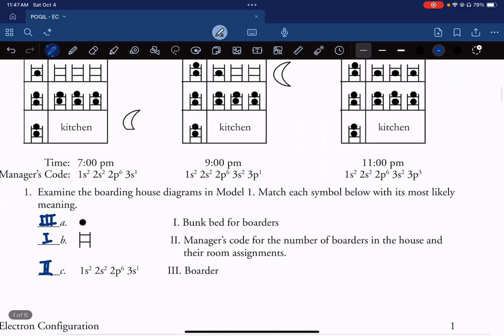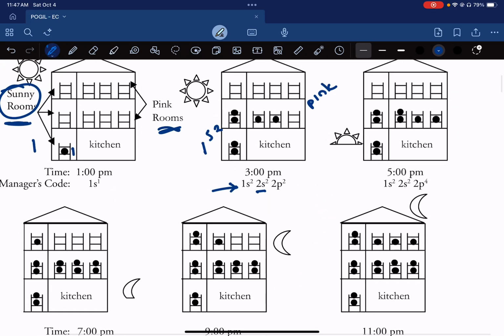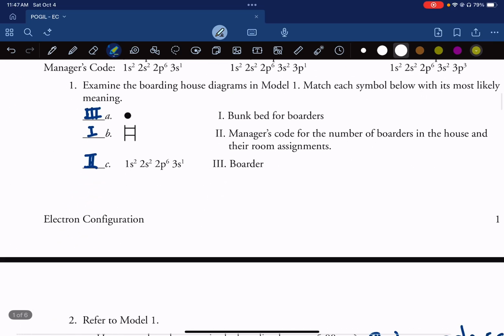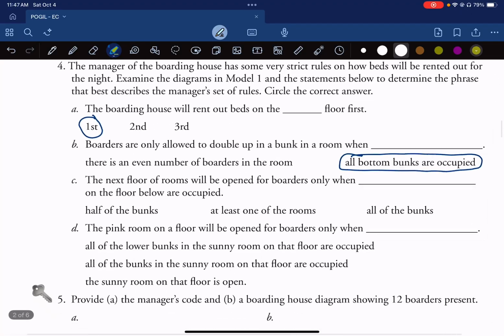So sure enough, we can tell that this manager is definitely putting his or her boarders in starting at the lower ones first. We can also see that the rule is being followed here, where we had to put a boarder in all the bottom bunks first before we put a boarder in a top bunk in that same room. Okay, so those are the 2 rules so far.